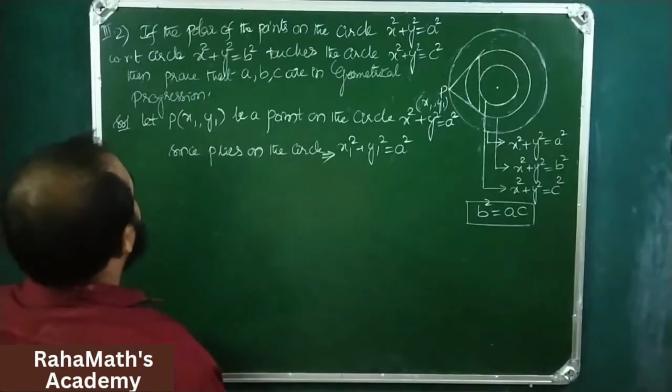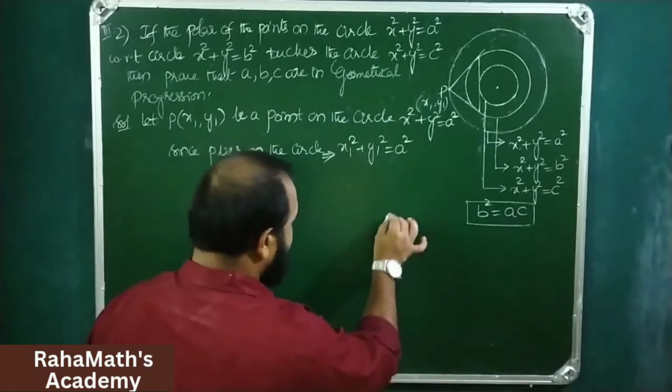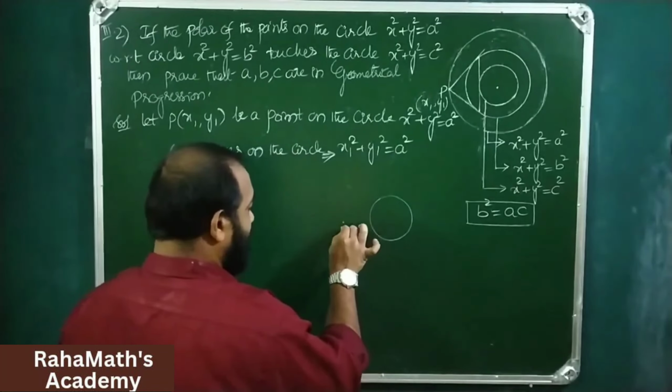Now, the polar of the point with respect to the circle. See, this is the circle and this is the point.